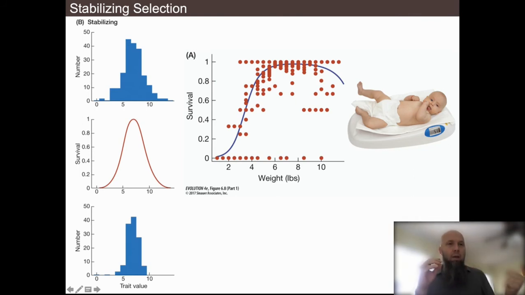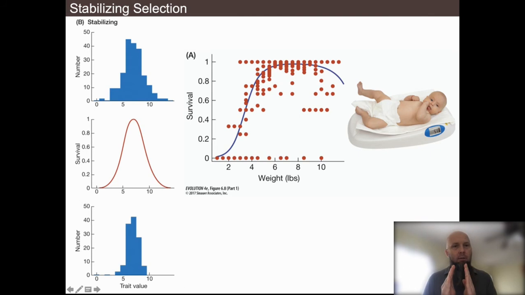Selection sees low survival at very low birth weights, low survival also at very high birth weights, right? Both of those present problems for birthing, and survival is lower. So survival is highest at that average trait value. What selection is doing is stabilizing the population for a size distribution close to the average.